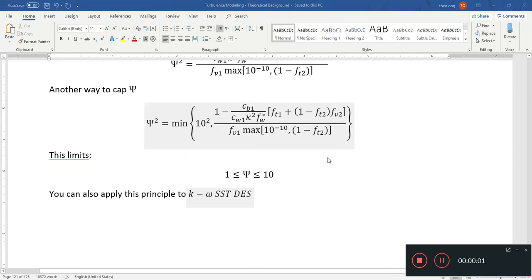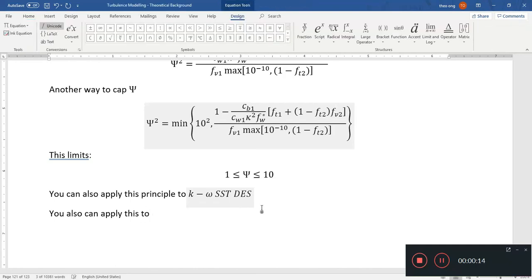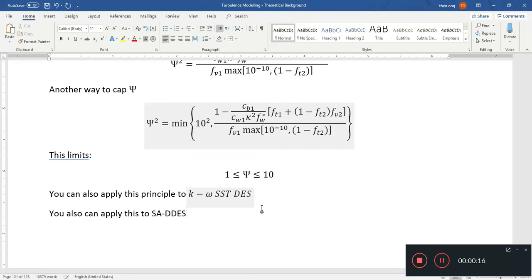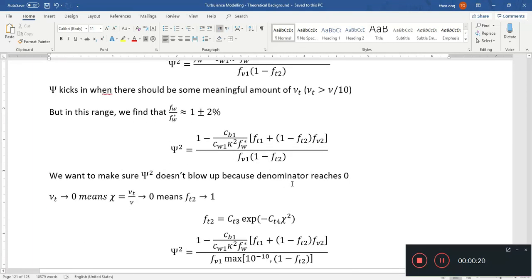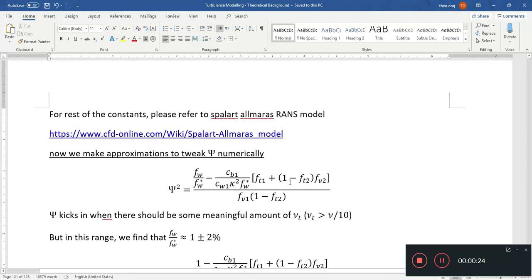One more thing before I go. I actually forgot to mention this. You can also apply, and you probably need to apply this to Spalart Allmaras DDES, delayed detached-eddy simulation. So how do we actually use this in the detached-eddy simulation?